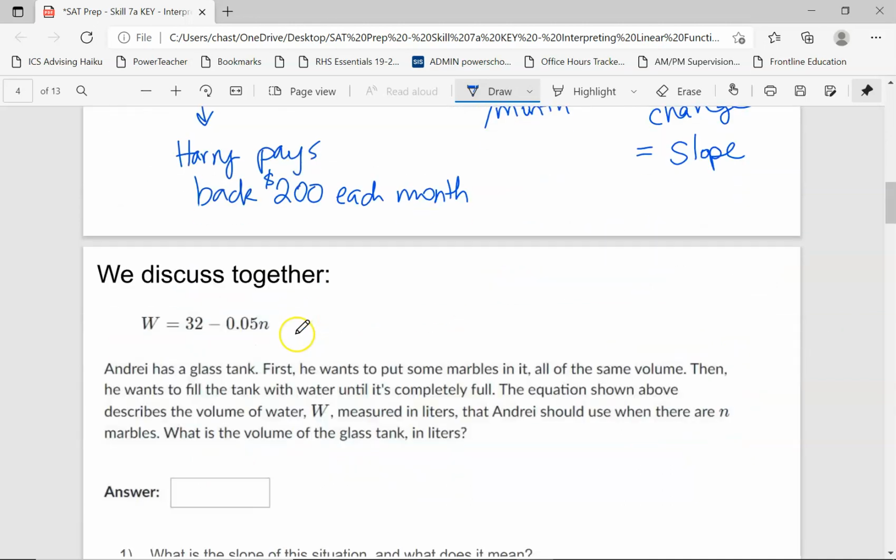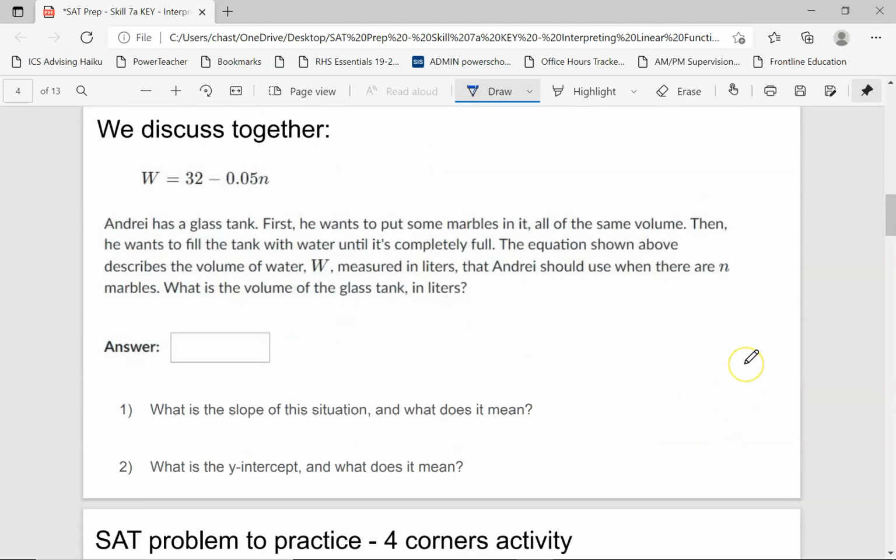All right. Let's discuss this one together. We have W equals 32 minus 0.05n. Let's read the scenario and then see if we can reinterpret that as a slope-intercept form. It says Andre, I'm not sure how to pronounce his name, Bob, has a glass tank.